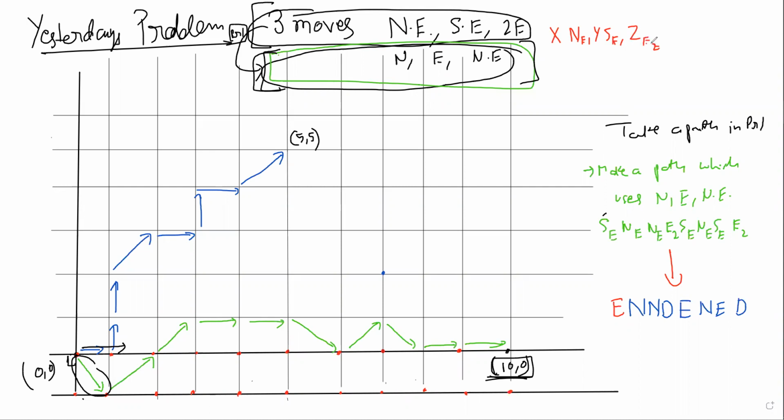Let's say I'm making these moves. If you're making these moves, where will you reach? You're reaching 10 comma 0, so what will be the relation between these numbers? That's the question. x northeast moves and y southeast moves mean that this will be the effect on the x coordinate. But if I make z e2 moves, that has 2z effect on the x coordinate.